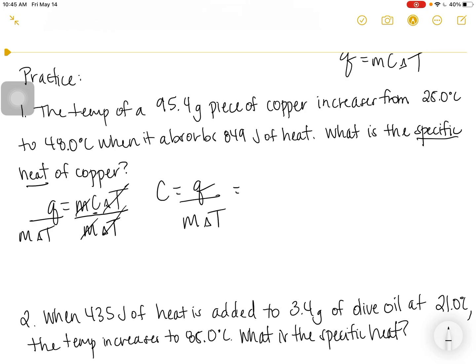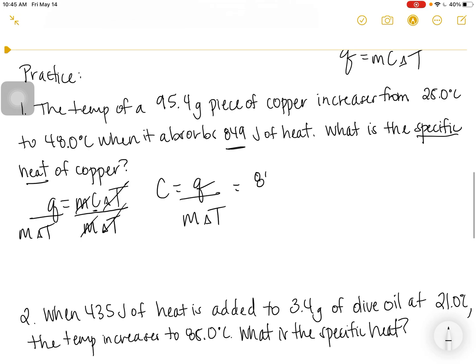So my Q is 849 joules. My M is 95.4 grams. And I don't have a delta T, but I have a T final and a T initial. This is my T initial, and this is my T final, and so I can subtract that.